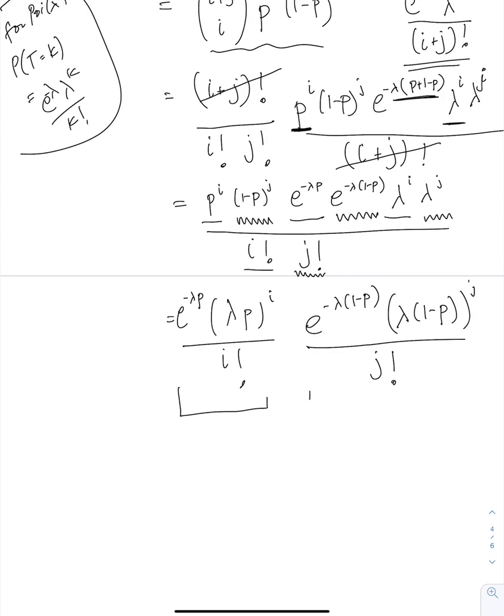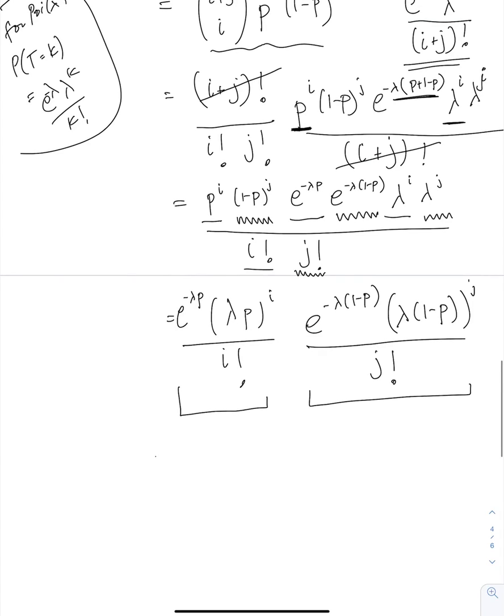If you look at what these are, this is exactly a Poisson random variable with parameter lambda p, the probability that it equals i. This is a Poisson random variable with parameter lambda times 1 minus p equaling j.